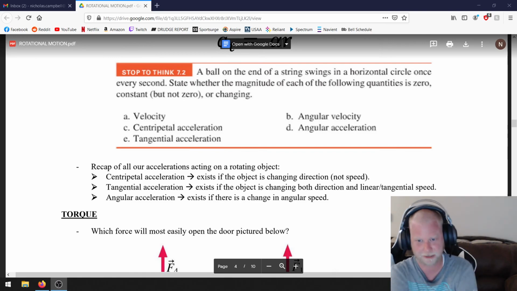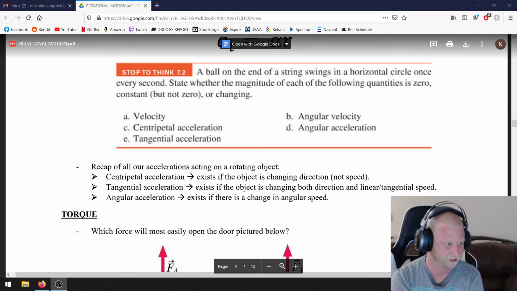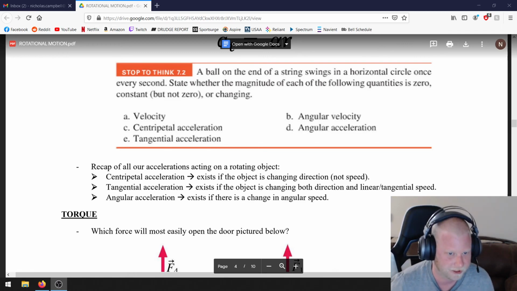Now B, your angular velocity, that would be constant, because again, you're sweeping through the same amount of area per unit time. You're sweeping through 2 pi radians every single second. C, your centripetal acceleration, that would be constant, because your linear speed doesn't change, and the radius of the rotation of the ball doesn't change.